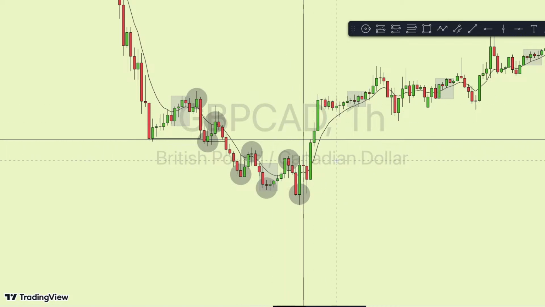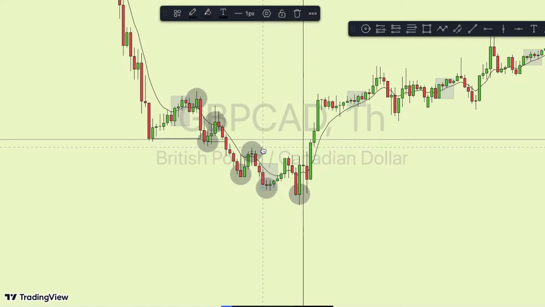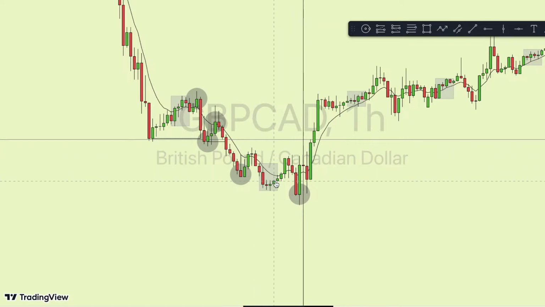So now we can anticipate that the market is going to continue bullishly since we just had a change of character. All a change of character does for us is allow us to know when the market is shifting the direction it's going in. We shifted from bearish to bullish, and now I'm anticipating the market to continue higher.